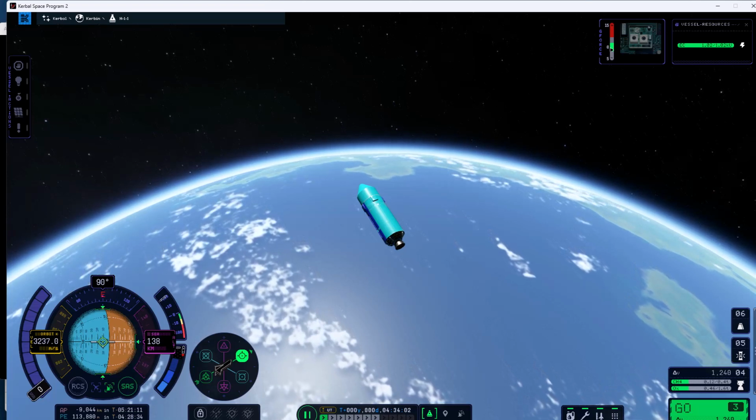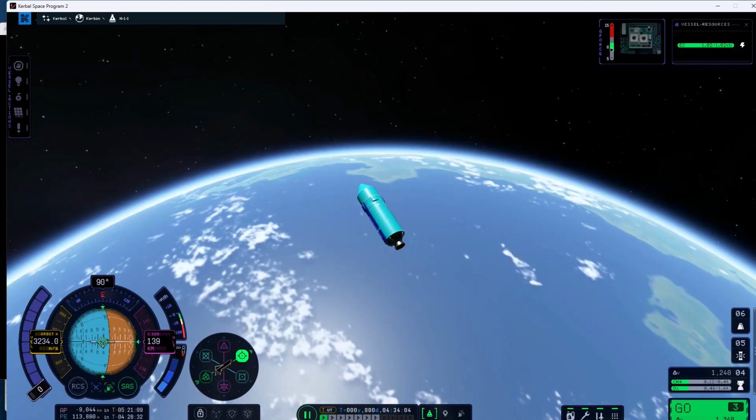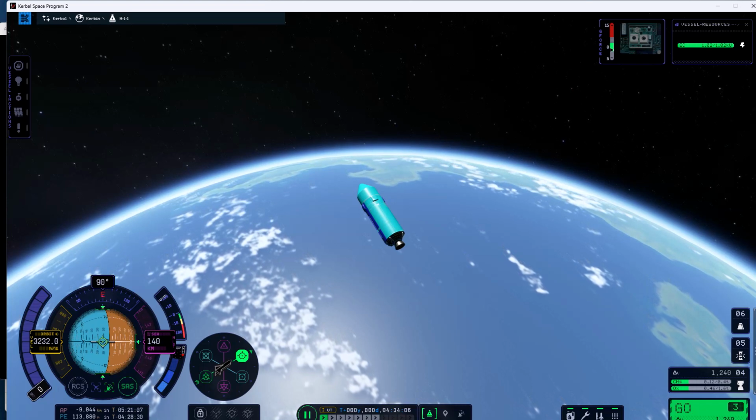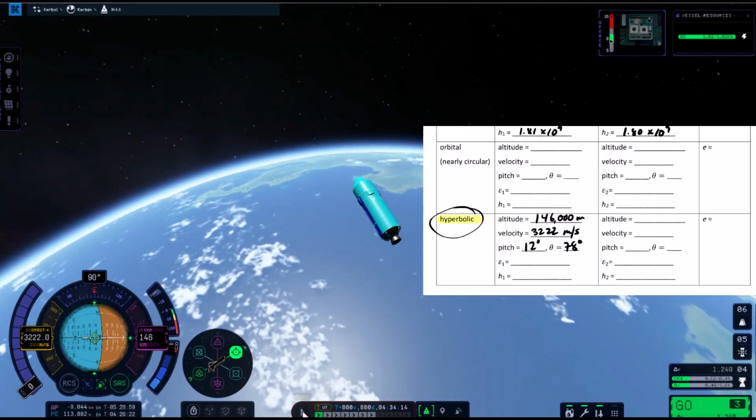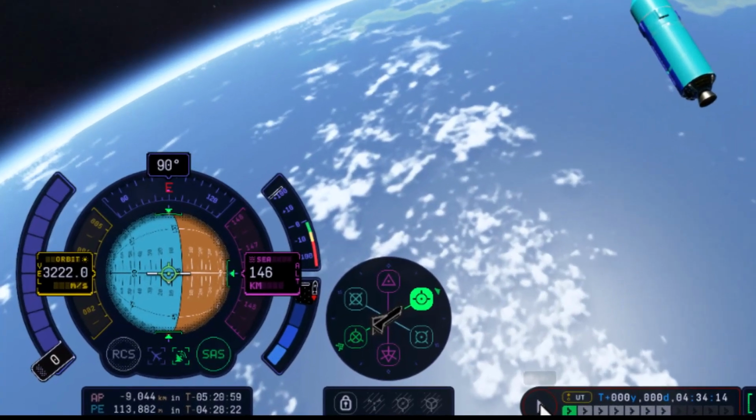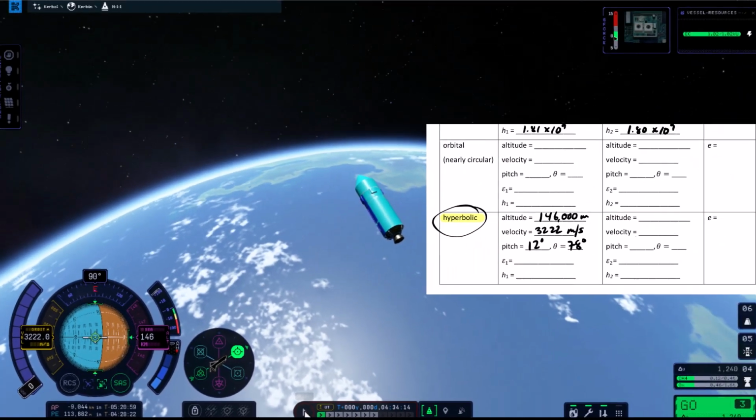Okay, so now we'll just pause the game and take another data point. Altitude 146 kilometers. Velocity 3222 meters per second, pitch 12 degrees, and theta 78 degrees.